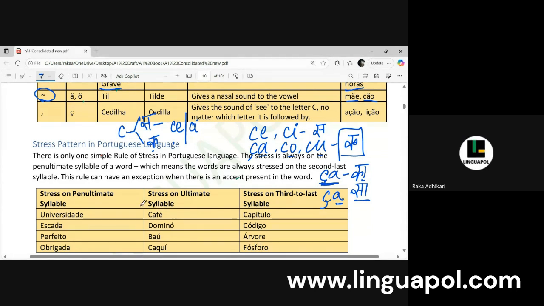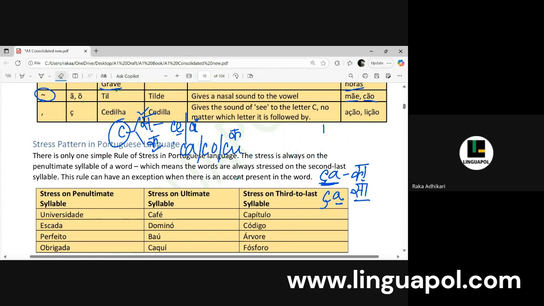Okay, so this same letter can sound as sa or it can sound like ka. So when will we say sa and when will we say ka? If this letter comes with the combination of CE or CI, then it will sound like sa. And if it comes with the rest of the three vowels, that is CA, CO, and CU, then it will sound like ka. Rashmi, is it clear till now? Yes, it is. Okay. Now suppose I want to say CA.